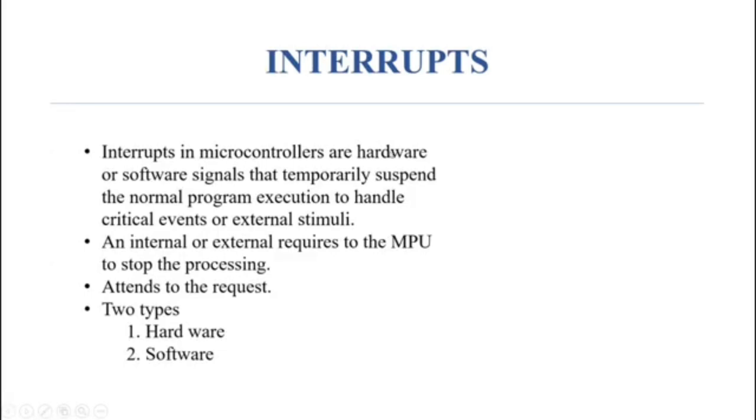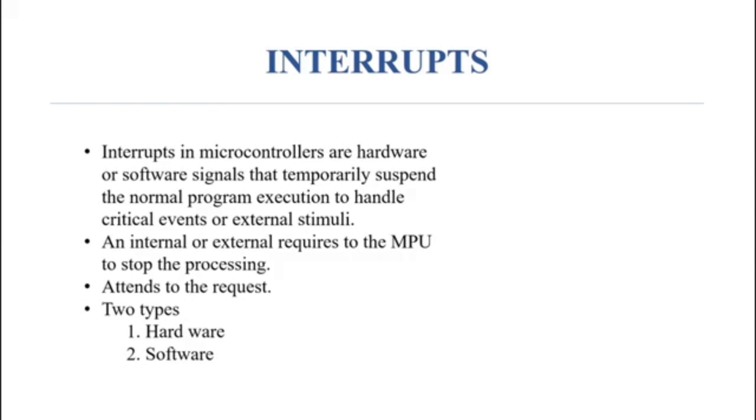Interrupts in a microcontroller are hardware or software signals that temporarily suspend the normal program execution to handle critical events or external stimulation. An internal or external request to the MPU to stop the processing, which means an interrupt is one kind of disturbance.